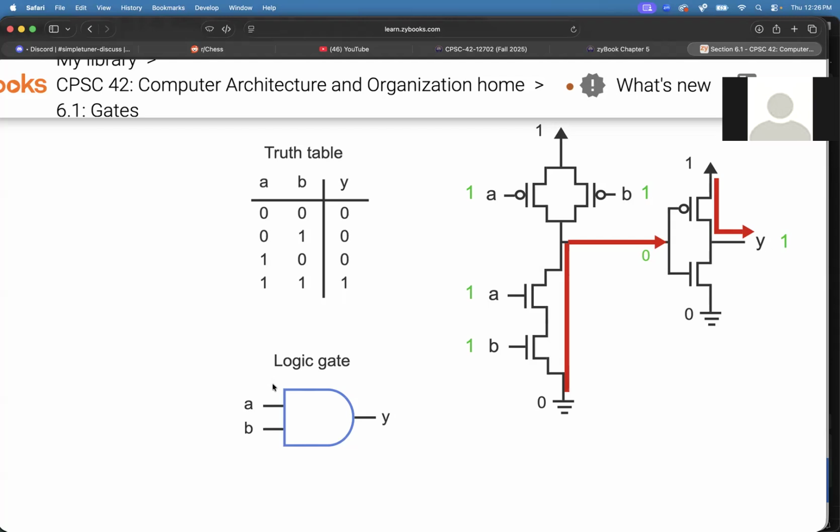So basically, if you have a 0 anywhere on the input, you get a 0 on the output for an AND gate. A 0 and a 0 give you a 0, a 0 and a 1 gives you a 0, a 1 and a 0 gives you a 0, only 1, 1 gives you 1.